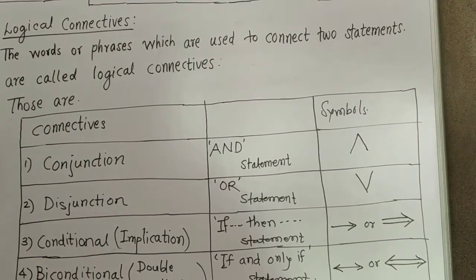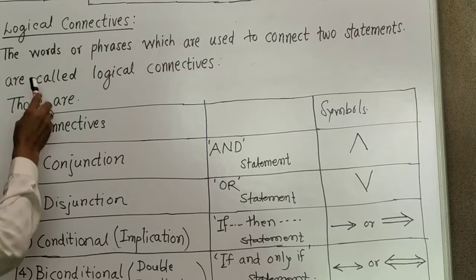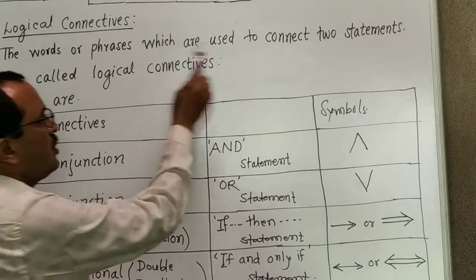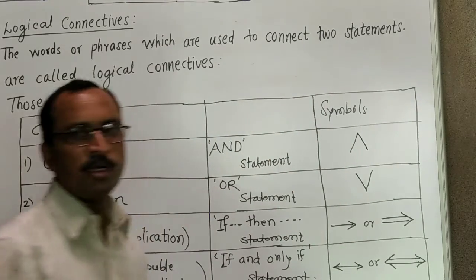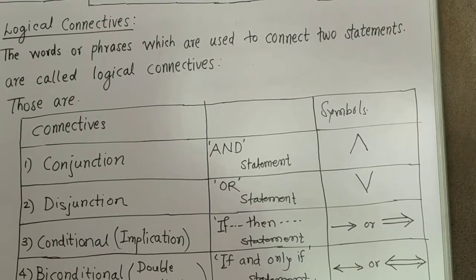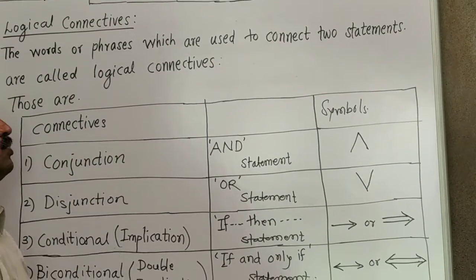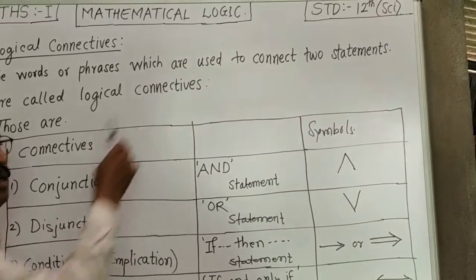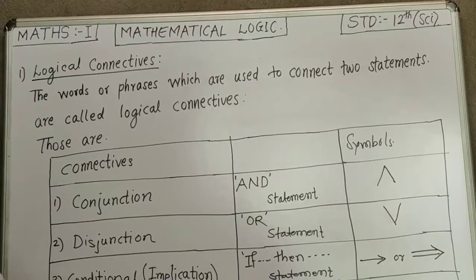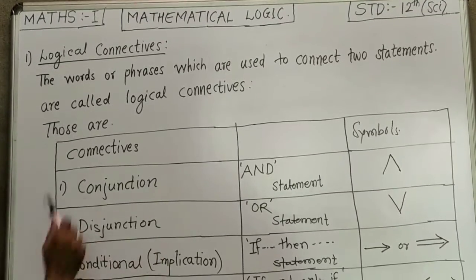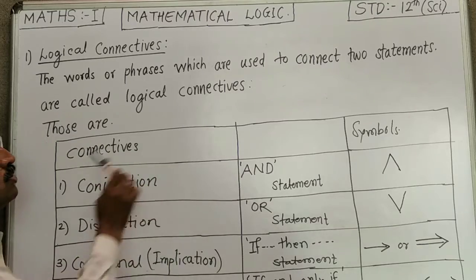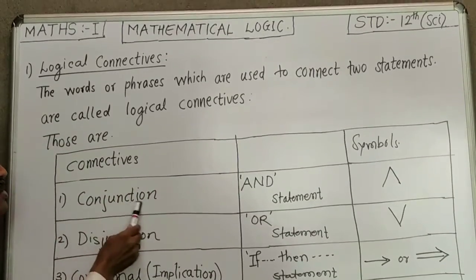The definition of logical connectives: connectives are the words or the phrases which are used to connect two statements. We use these logical connectives to combine two statements. In mathematical logic the logical connectives are, first one is conjunction.